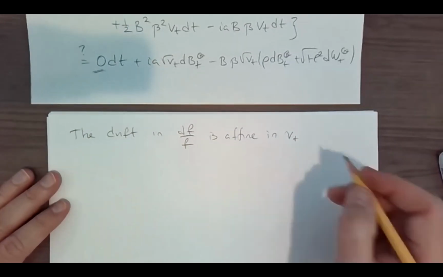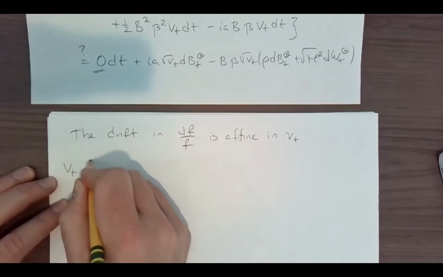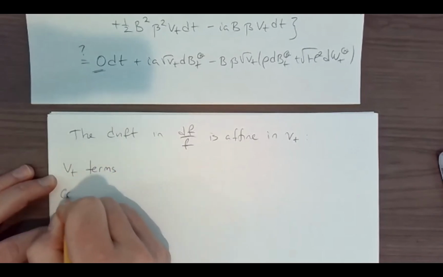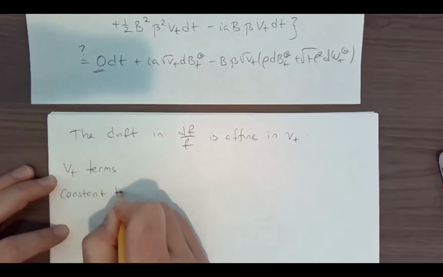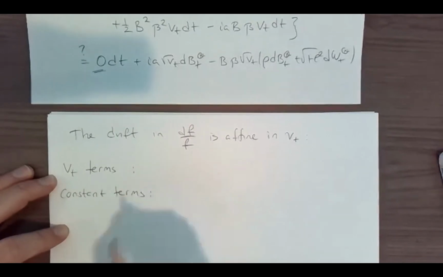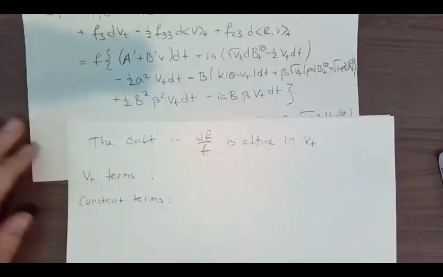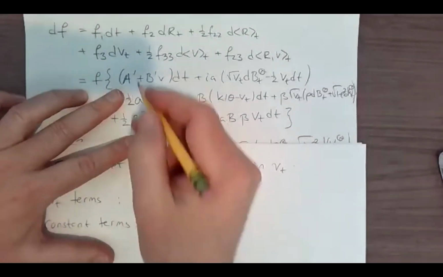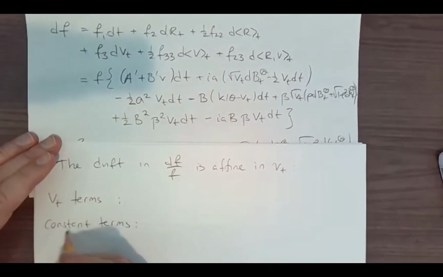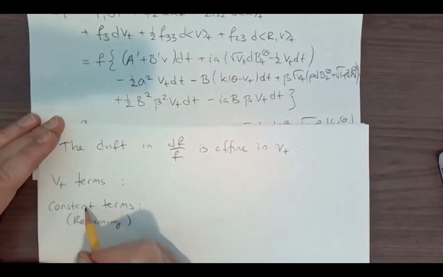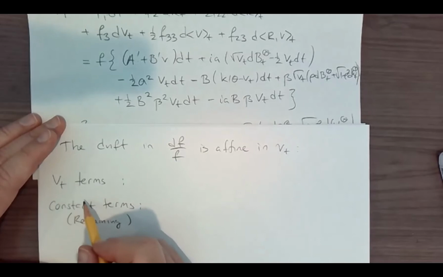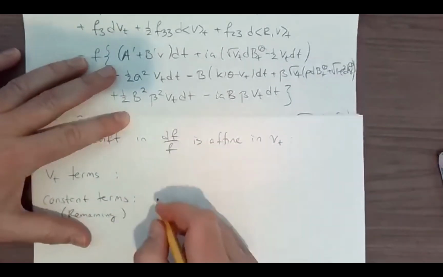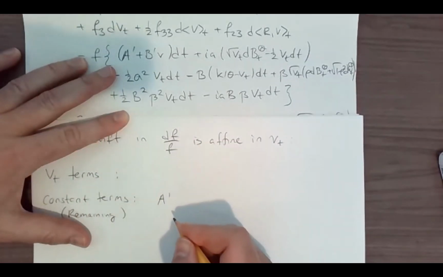So this is going to give us two terms, right? It will give us the Vt terms, and it'll give us the constant terms. So let's try to collect all of those. So we have A prime, this is constant, so I should say constant. This one here is the remaining. But you're not constant in T, you're constant in V. We have A prime goes down there.